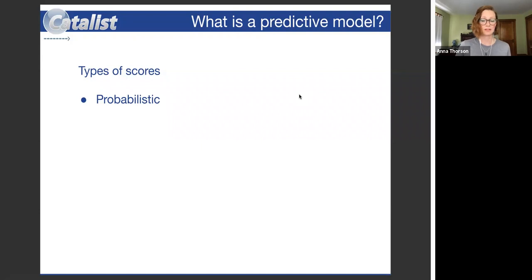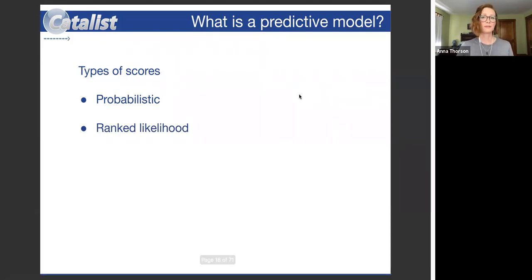That's like 80%. That's what that score means. It also effectively rank orders people from least likely to most likely. So you're able to use a probabilistic score to select people who are most likely to, for example, support a Democratic candidate.